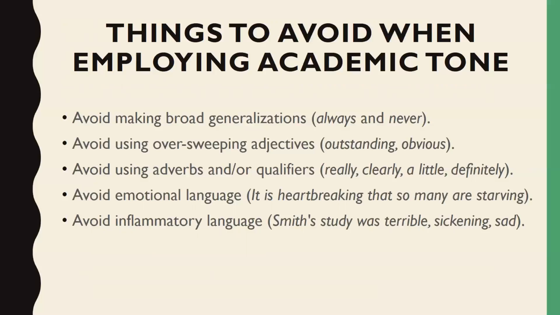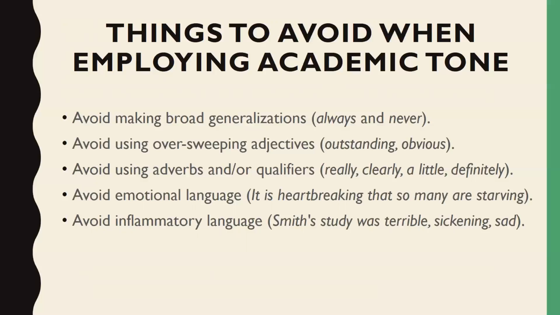But when a reader is going to see these over-sweeping adjectives all the time, you're sort of prosifying your writing, and that makes your writing less clear, less concise, and we get that dramatic effect that you might have featured with aggressive phrasing. And dramatics is just really counterproductive to academic tone. So be careful of whether any kinds of over-sweeping adjectives might be creating that sort of environment in your writing.